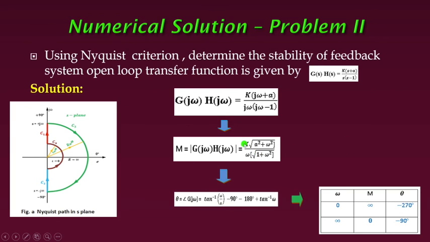Then omega square is common from the numerator and similarly from the denominator. Then we get magnitude 0. When omega equal to infinity, the phase angle is minus 90 degree.